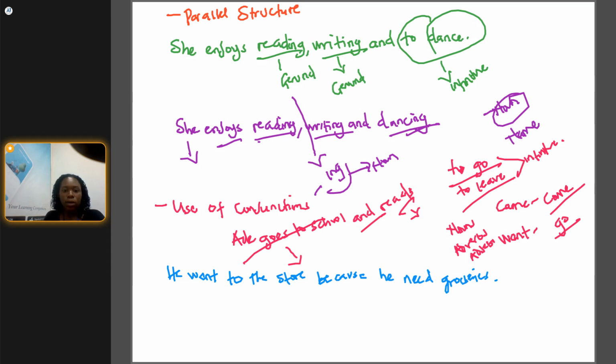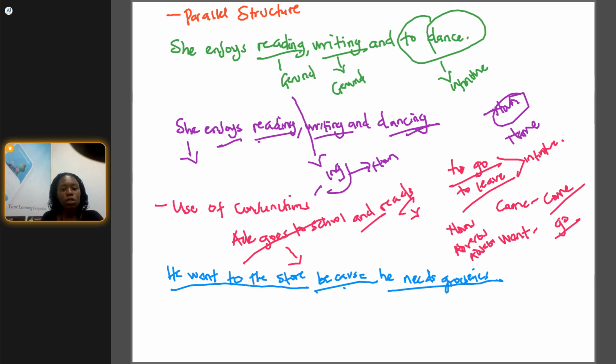Now we have because as our link. He went to the store is a short sentence. Here is another one. Now this linking means there has to be consistency. They are in the same sentence and must follow the same consistency.